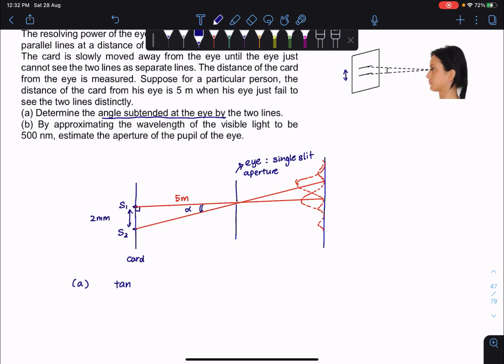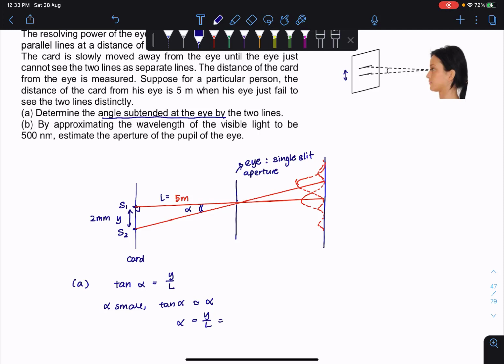So tangent alpha, if I call this y and this is L, equals y over L. But if you look at the values of y and L, the angle is going to be very, very small. Using small angle approximation, when alpha is small, tangent alpha is approximately alpha. So alpha is approximately y over L.